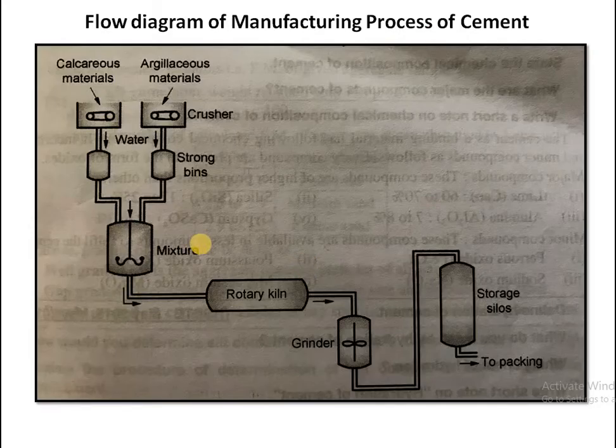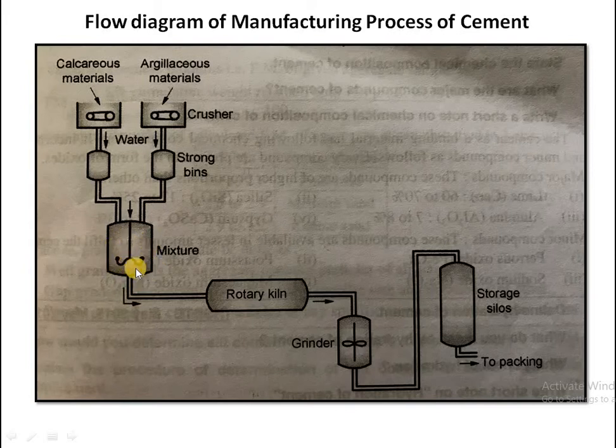This is the basic flow diagram for manufacturing of cement. Let us see. Calcareous materials and argillaceous materials should be borrowed from a quarry. They should be initially crushed in different jaw crushers. Then they should be stored in separate storage bins. After that, the crushed material should be mixed together in different mixers.